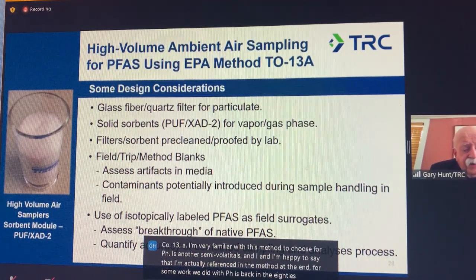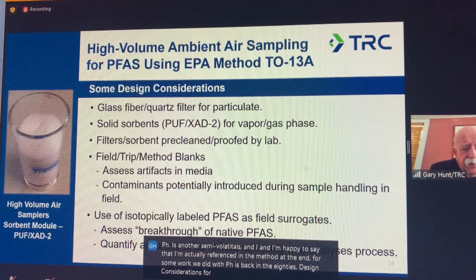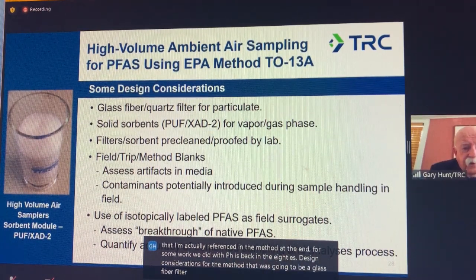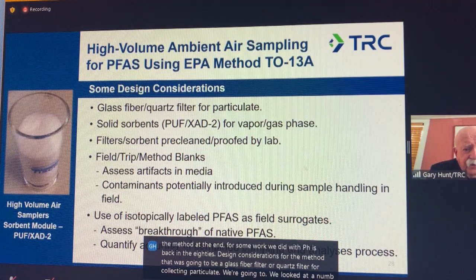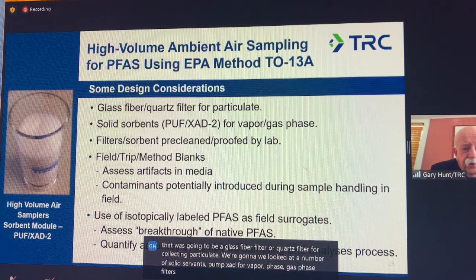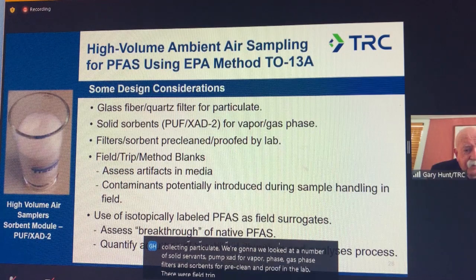Design considerations for the method: there was going to be a glass fiber filter or quartz filter for collecting particulate. We looked at a number of solid sorbents, PUF and XAD, for the vapor phase, gas phase. Filters and sorbents were pre-cleaned and proofed in the lab. There were field trip blanks and method blanks.